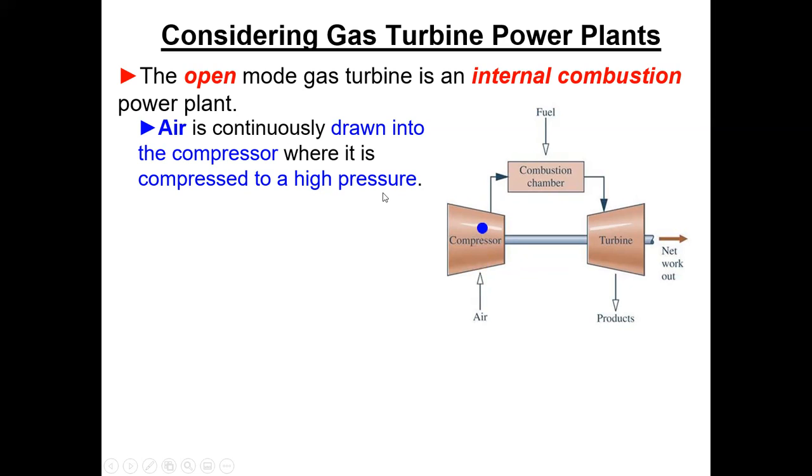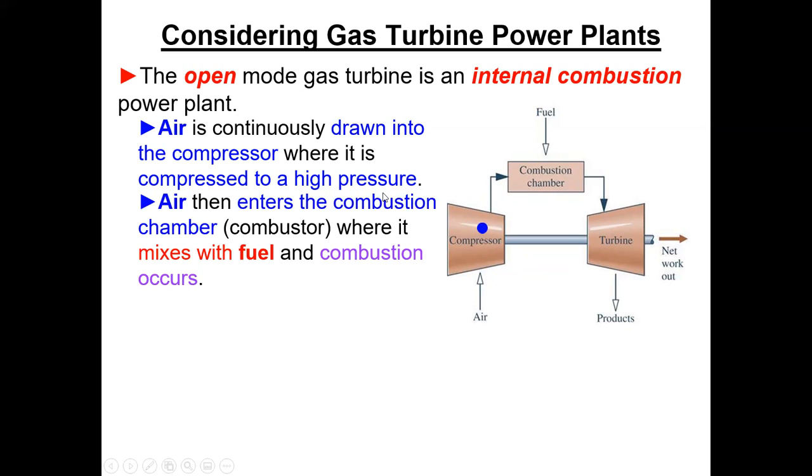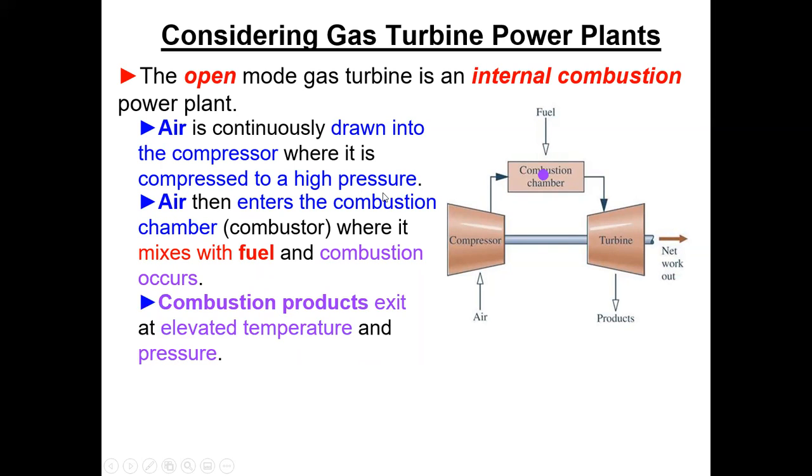So we got our nice little blue ball going up to the compressor. Air then enters the combustion chamber, mixes with fuel, and we burn the gas. That's pretty slick: we got the fuel and the air mixing and then burning. Combustion products exit at elevated temperature and pressure.